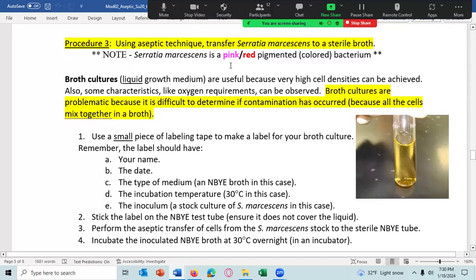However, if there's minor contamination, let's say E. coli is around 10%, or anything really less than 50%, you won't notice it. The media will look pink because the majority of the cells are pink. Any question about that?